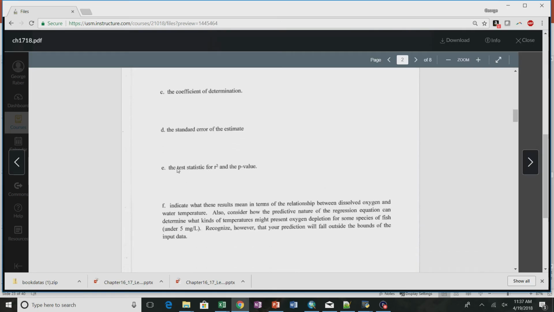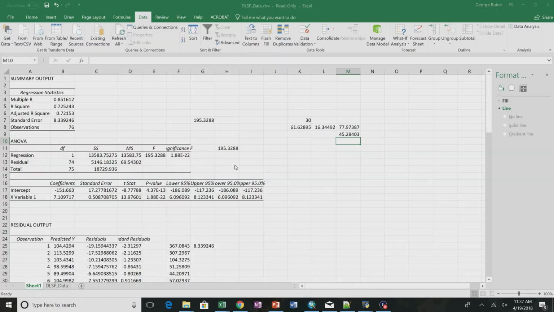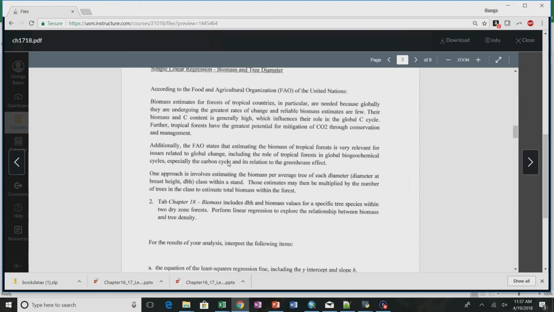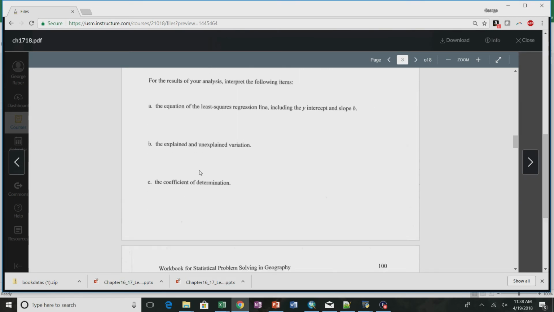So the estimate, the test statistic for R squared and the p-value. Where do we find that on the table? Well, the test statistic is the F value. That's the test statistic, and then that's the significance value. So those are the two values, and all of the questions ask the same basic things.